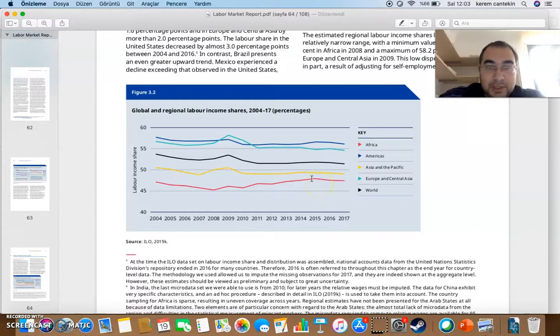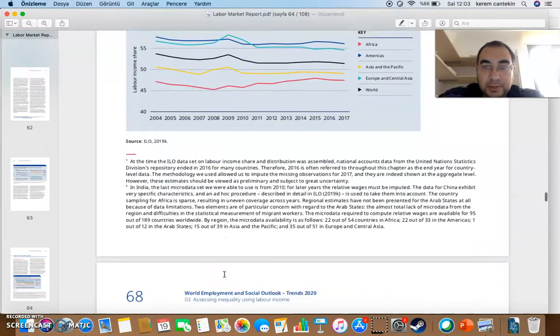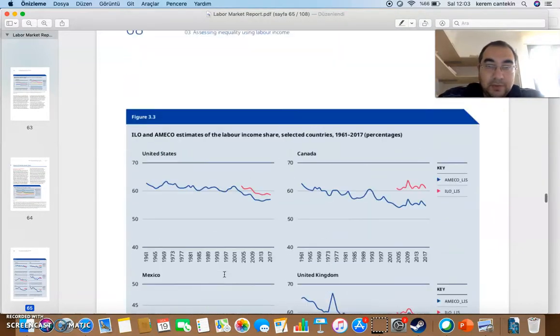It has increased a little bit in Africa, fallen in the world in general from 55% to lower values. But more or less it has stayed stable, the income share of the labor. We also have a graph from earlier dates. When you look at the trend from 1961, you can see more or less the labor share has decreased, although in the late 2000s it stays stable.